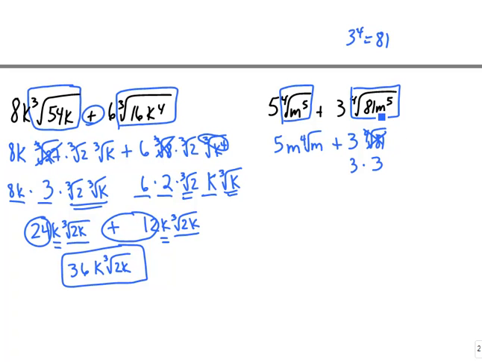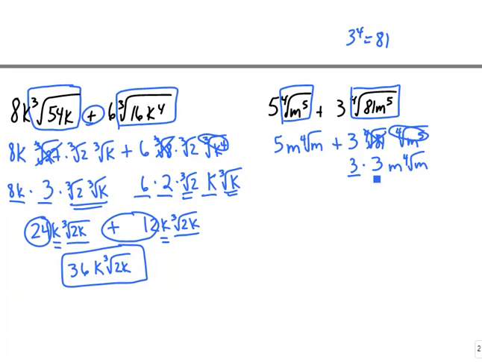In addition to the 81 reducing, we also have that fourth root of m to the fifth. That's going to reduce as well because 4 goes into 5 once, so we'll have 1 m outside, and 4 divides into 5, leaving us with a remainder of 1, so we'll have 1 m left underneath as well.